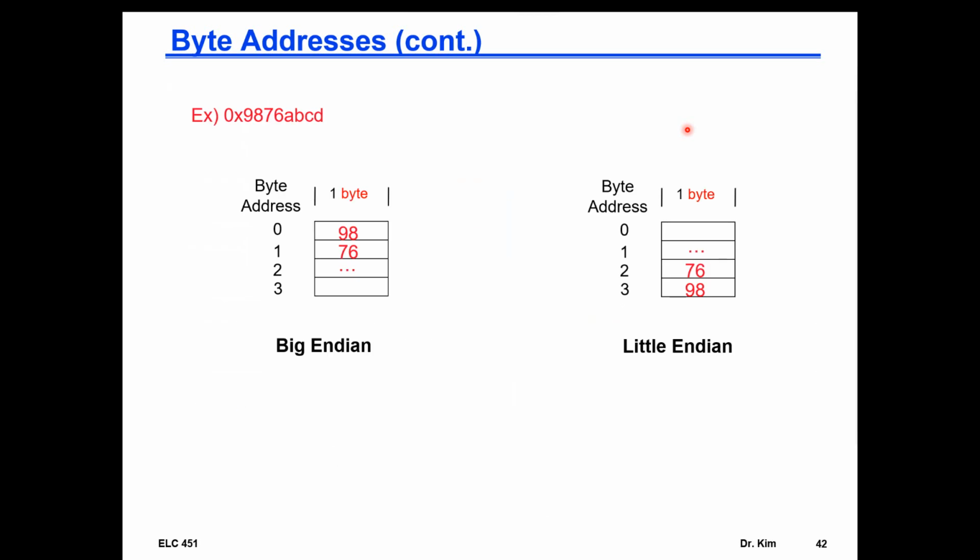And this is a very specific example of endianism. So here we see that with big endian, the most significant byte, which is 98 in this case, gets stored first.